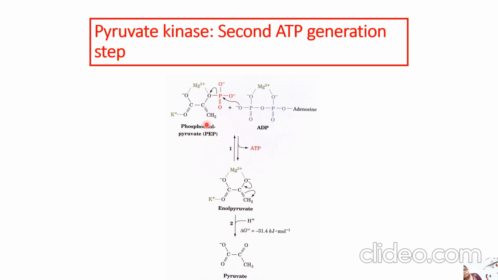And pyruvate kinase will be the second ATP generation step. Phosphoenolpyruvate plus ADP will give rise to ATP and enolpyruvate, which will ultimately give rise to pyruvate.